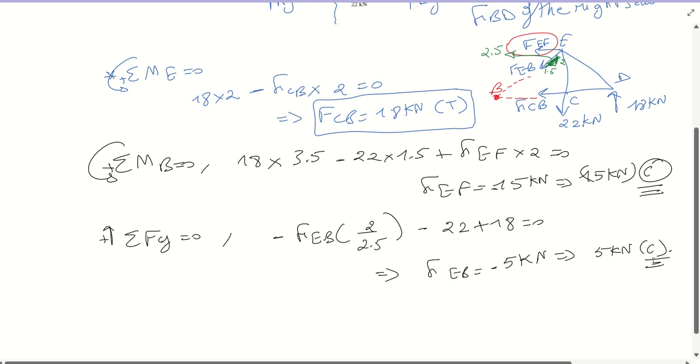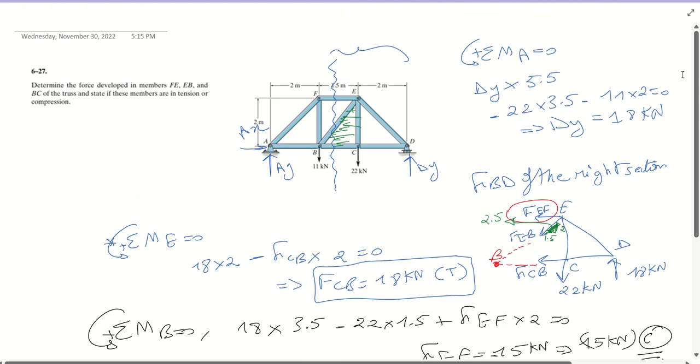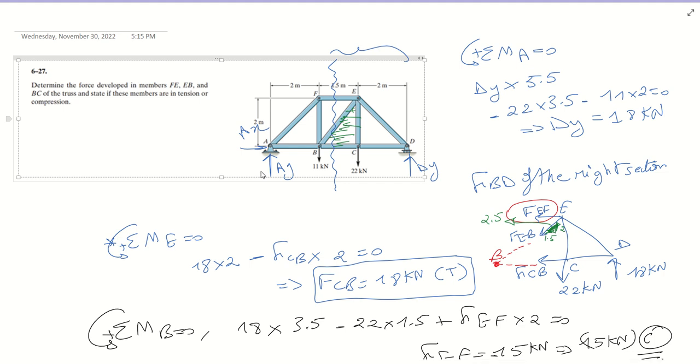Just one remark for the truss problems. Don't forget to review very well zero force members. There are two scenarios or two cases for the zero force member. It's already explained very well in the course lectures. So make sure that you know it, because for sure the first question in the truss problem will be to identify zero force members and then find the force in 2 or 3 members, and then you need to specify if it's tension or compression.